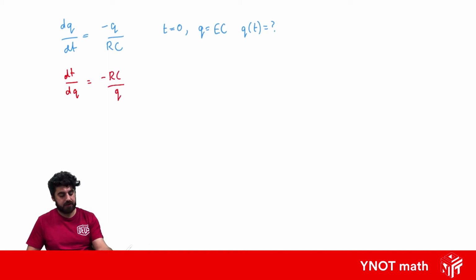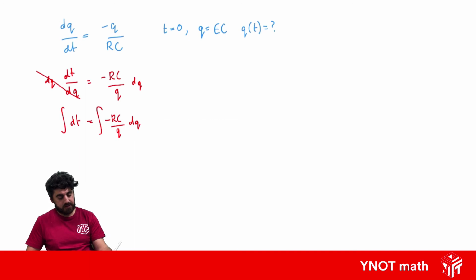And now we can go ahead and integrate both sides of the equation. Or you can think about timesing by dq if you like, both sides first. So they cancel out. And we have dt equaling minus RC over q dq. And we can integrate both sides now.